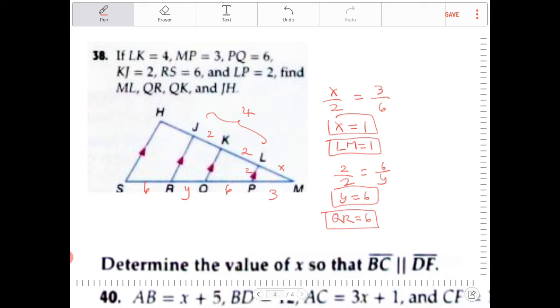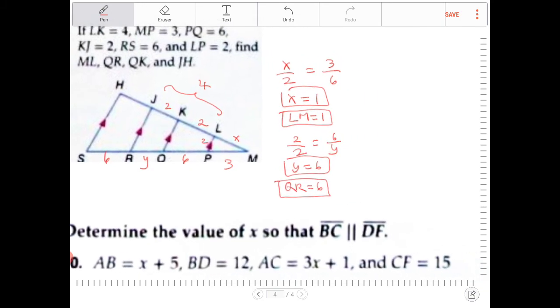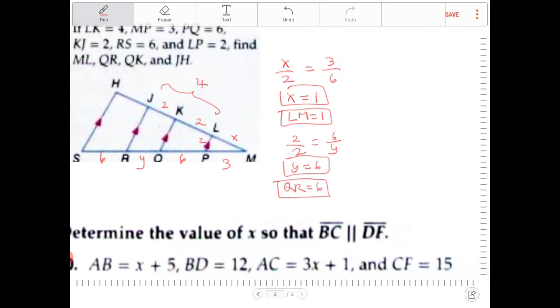QK. Okay, so I want to call QK Z. So I can say Z over 2 is to 9 over 3.